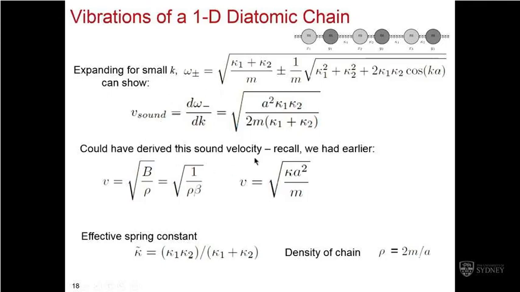Remember we calculated the sound velocity earlier, or showed the equations for that? When you do that for this acoustic branch near k going to 0, small angle approximation, you obtain this.